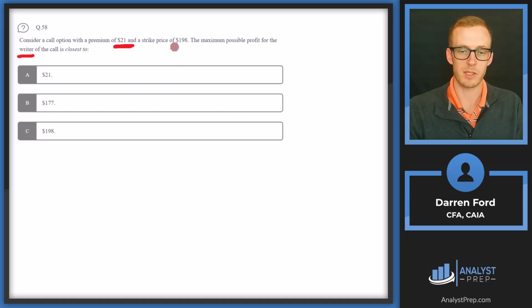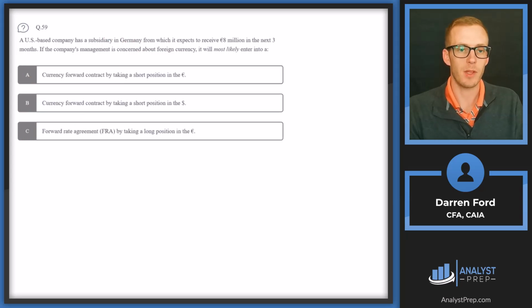But if the stock price is at $200 or $500, then we're not going to be making this full premium. So max possible profit for the writer of the call is going to be equal to the premium, A, since your upside is basically limited to what you collect on premium.